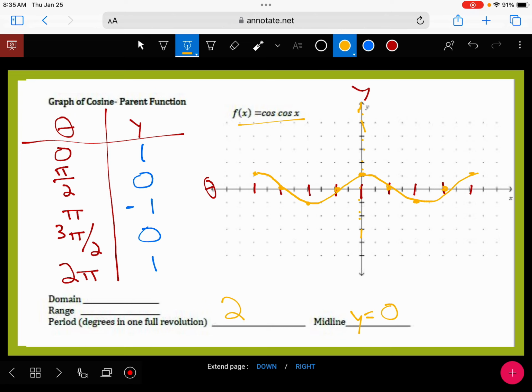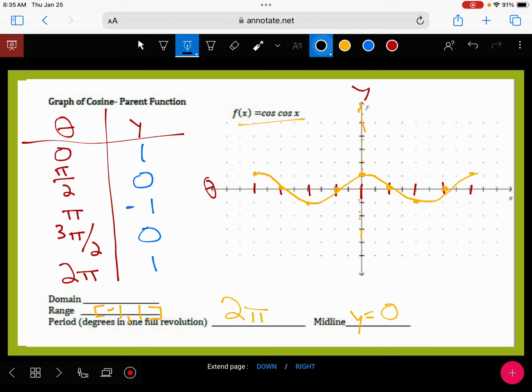The period, same as sine, 2 pi. The range is actually the same as sine. Smallest y value is -1, largest y value is 1. And we use the hard brackets or the square brackets to show that we actually reached that point.